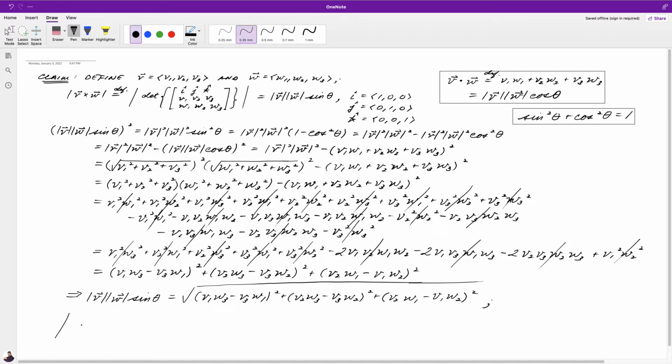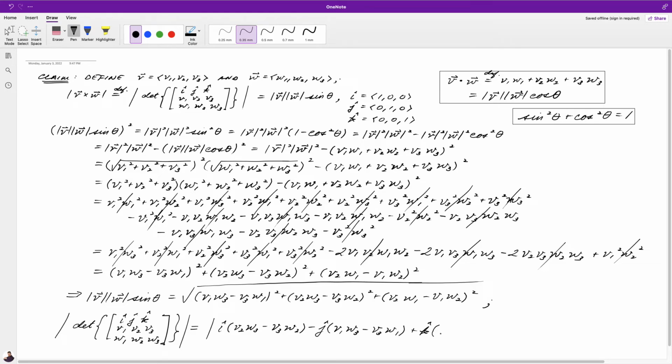So the magnitude of the determinant of this matrix here is going to be the magnitude of i multiplied by V2W3 minus V3W2, minus j, and then it's going to be the quantity V1W3 minus V3W1, plus k, and then it's going to be V1W2 minus V2W1, like that.